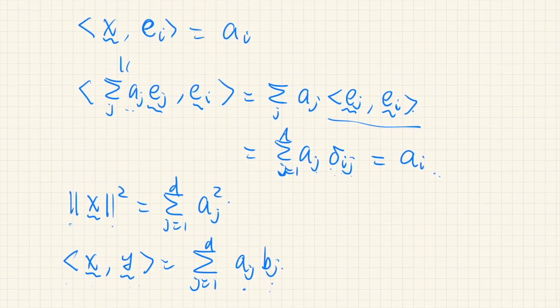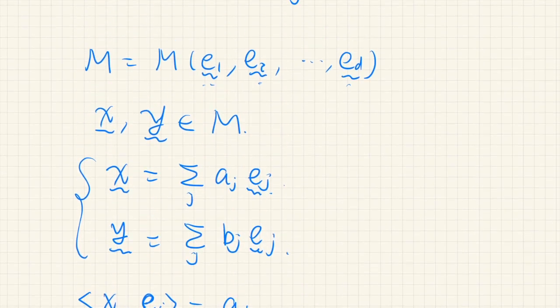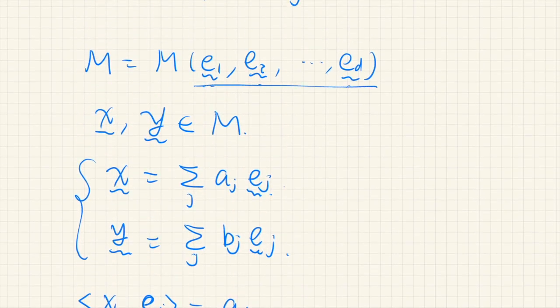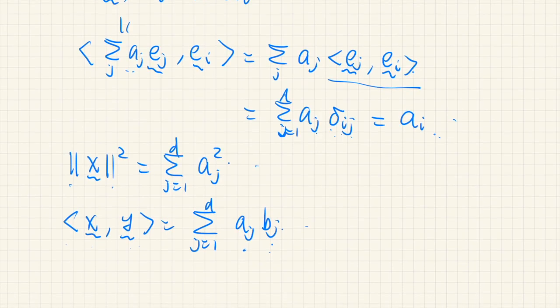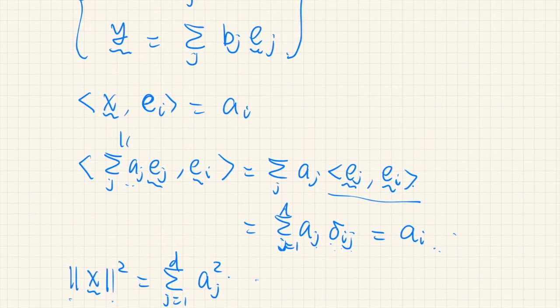So these nice properties hold because of the orthonormality of the basis of this space and the representation based on the orthonormal basis. Otherwise, this would become more complicated because there would be some cross terms between the coefficients of different vectors in the basis set.